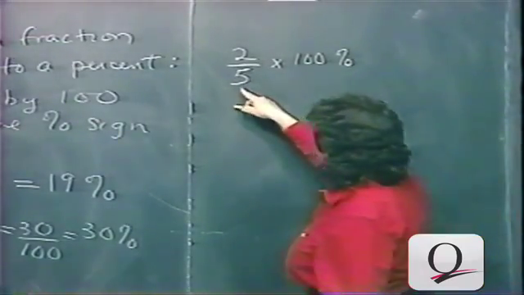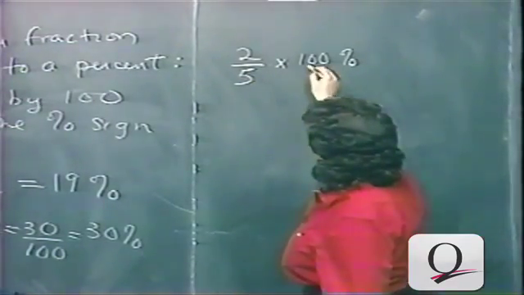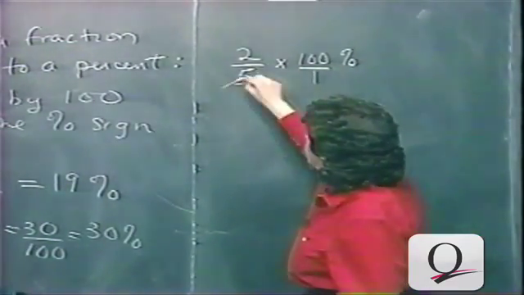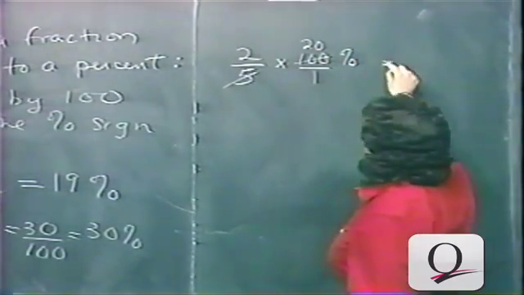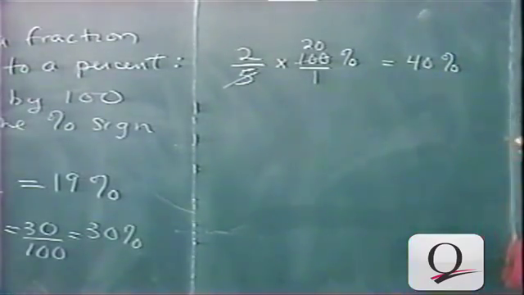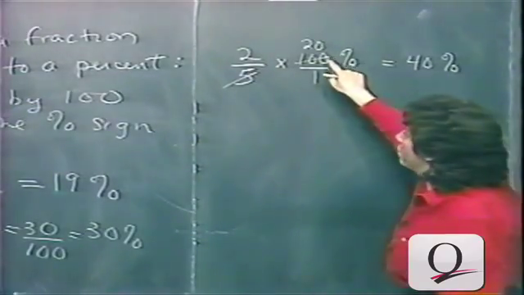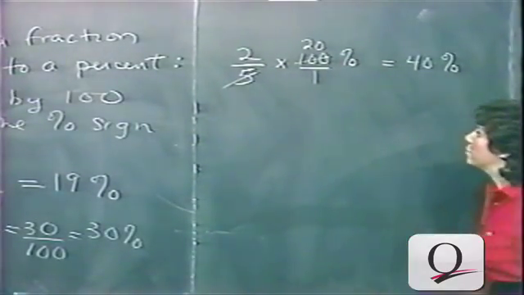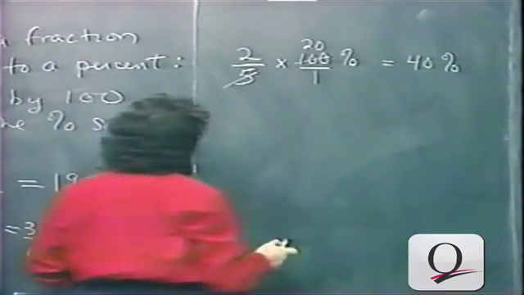This can be thought of as 5 goes into 100, 20 times, 2 times 20, or 40%. So 2/5 is equivalent to 40%.